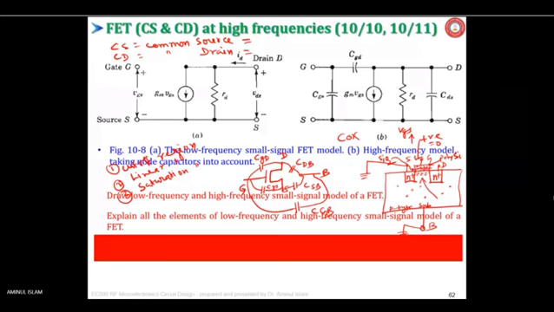I mean, electrons cannot flow from source to drain, and current from drain to source cannot flow in the case of an N MOSFET, because gate voltage is 0, so no inversion layer. It is called an inversion layer because basically it was a P-type substrate. Now it has been inverted into N-type.